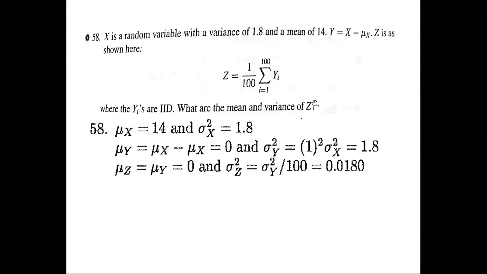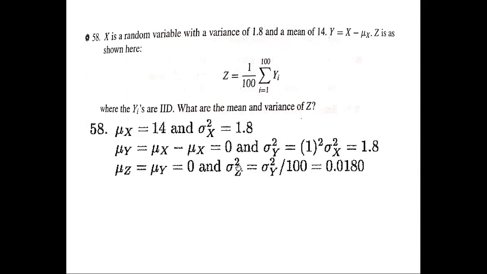So variance of y will be equal to the variance of x itself. That's why we will get the same value 1.8, but the mean of y will be equal to 0. So going on the same lines, now we have z as the average of 100 y's. Then mu z will be equal to mu y, equal to 0, because we are talking about average.